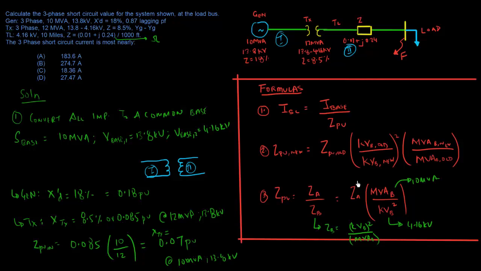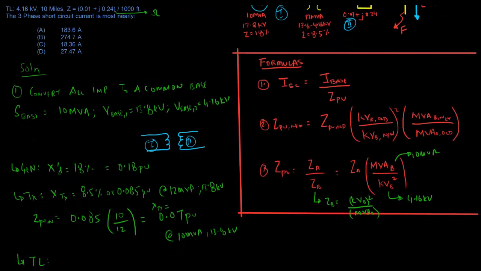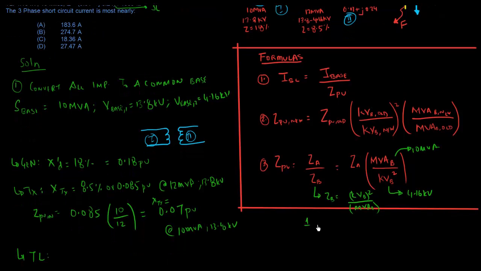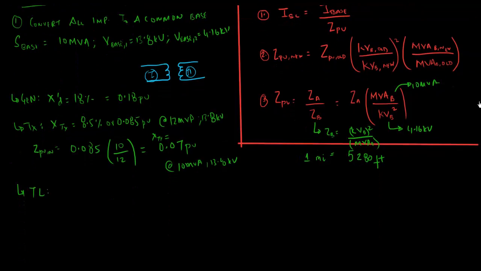Your Z actual now is this ohm per 1,000 feet. But if we are assuming that the impedance value is evenly distributed through the transmission line, we have to multiply it by 10 miles. The one unit conversion you'll have to remember is that 1 mile is equal to 5280 feet. So let's use this information and convert.